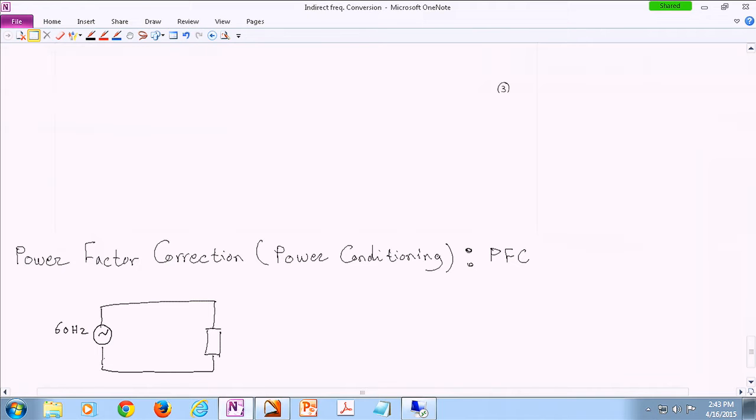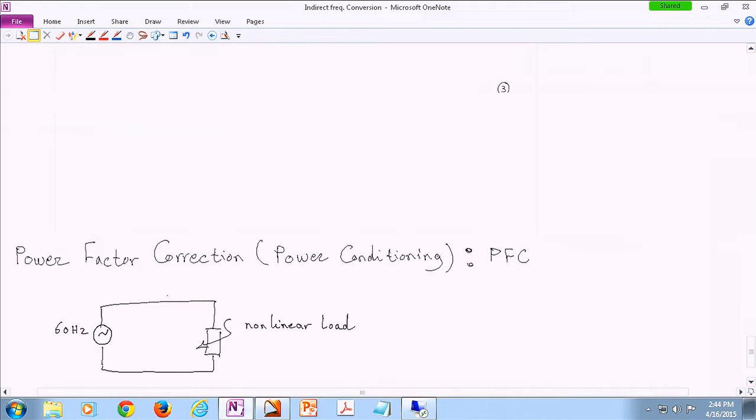So you have to rectify this AC power into DC, and as we are about to see, it actually creates some nonlinearity in the load. And we are going to see why.